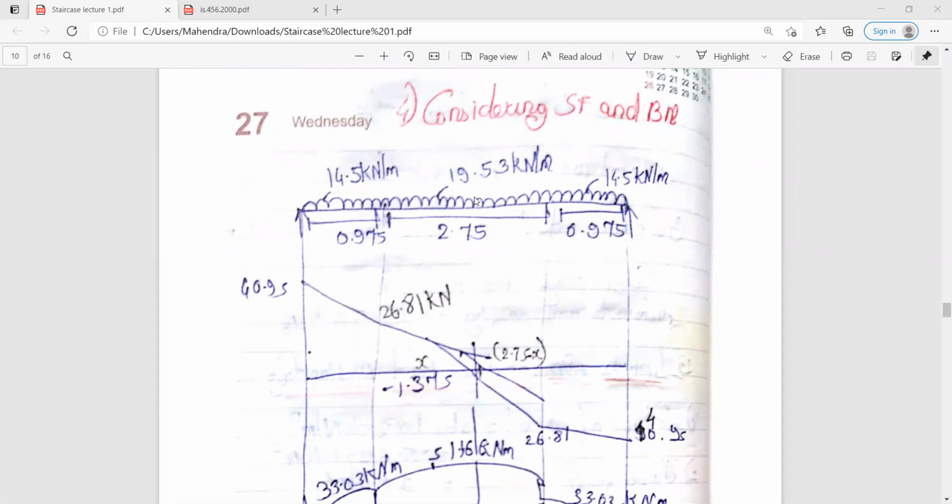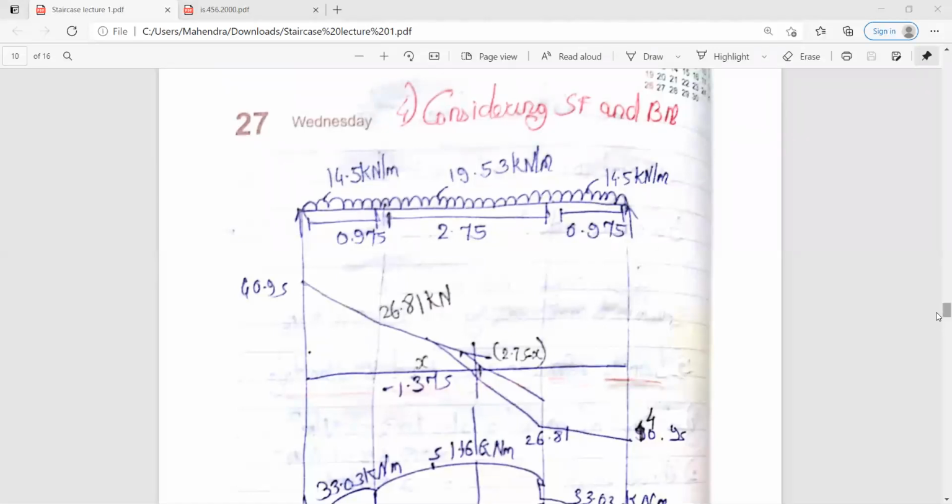You have completed this beam. Now you need to calculate RA and RB.